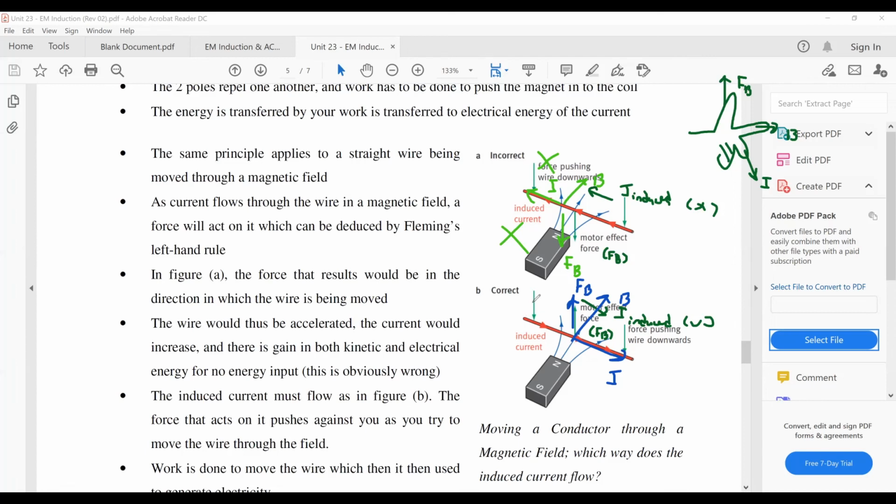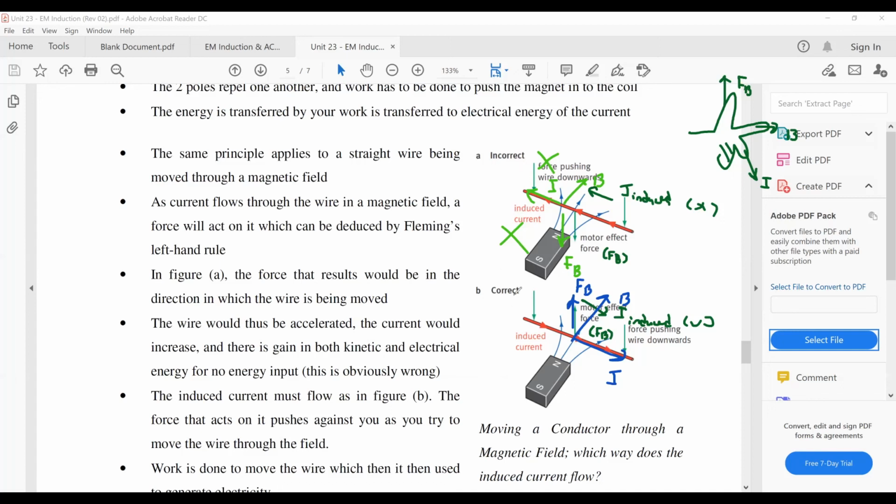So if you want to push down even more to generate more flux cutting, and hence more electricity, you actually need to do work to overcome this force. So the work that you do is actually converted into the electricity that you generate here. Okay, so this one is sensible according to principle of conservation of energy. Okay, so that one is okay.